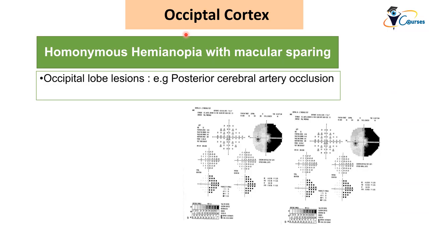So it will result in contralateral homonymous hemianopia with macular sparing. This means that the central vision is still preserved, as the lesion is only involving the posterior cerebral artery with an intact, preserved middle cerebral artery.